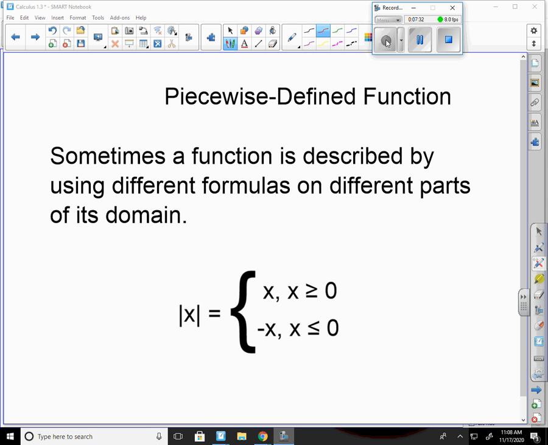A piecewise defined function. Now, I know we had some issues with these last year. Sometimes a function is described by using different formulas on different parts of the domain. That means that for different values of x, we would use a different part of the function.